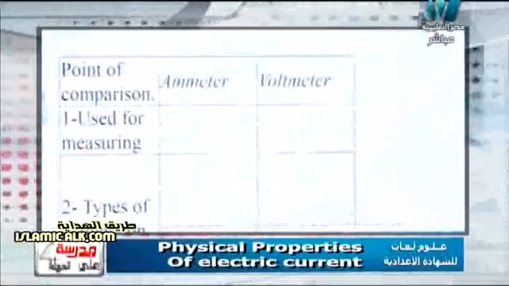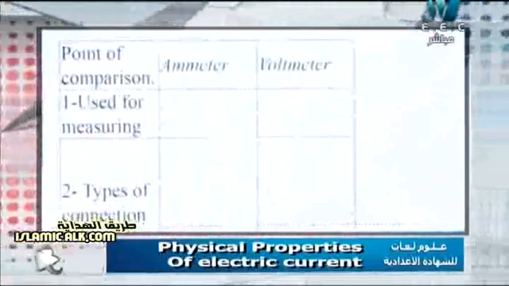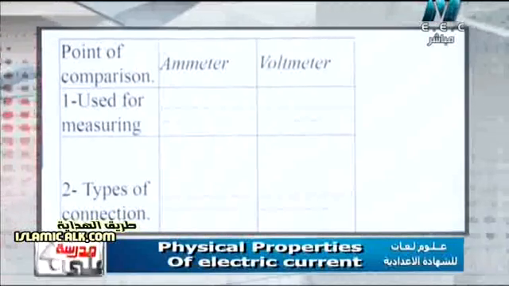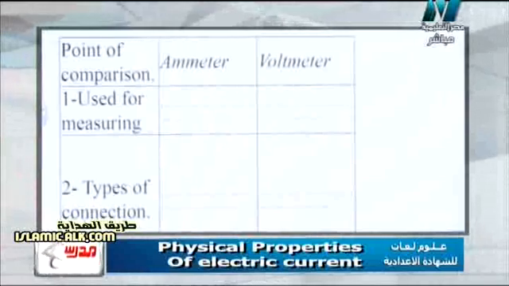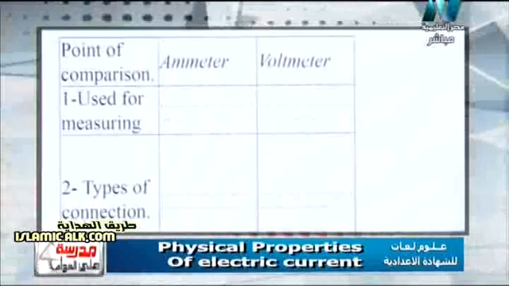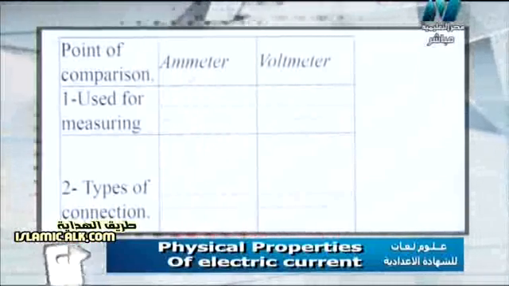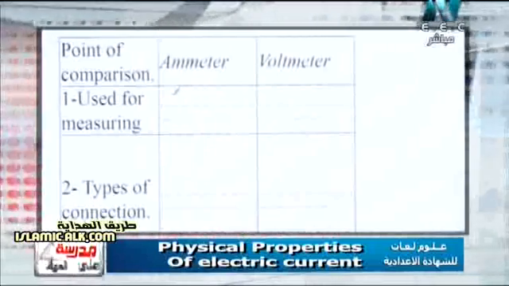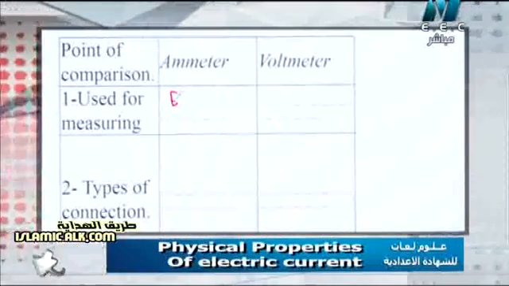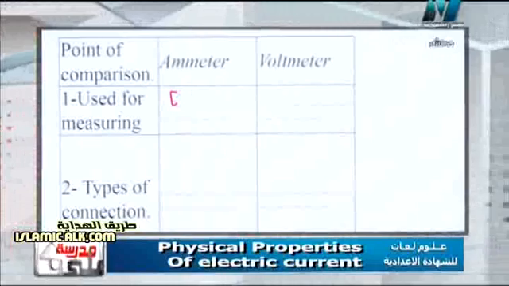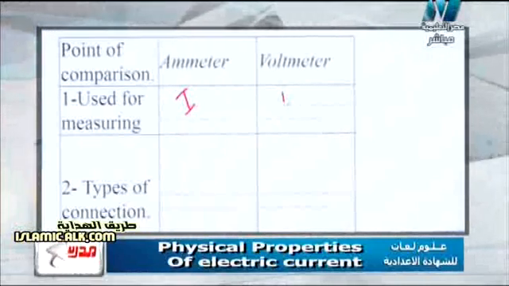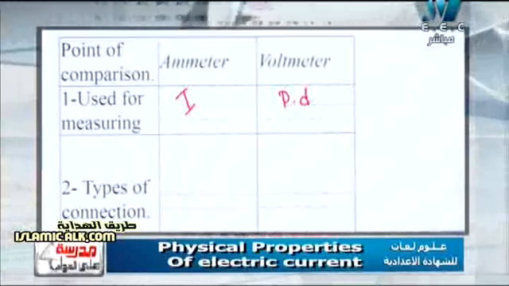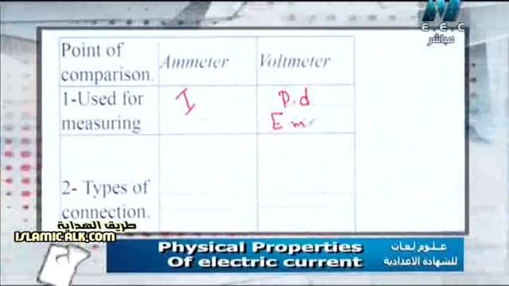And here we have a point of comparison between the ammeter and the voltmeter according to use of measuring. The ammeter is used to measure electric current intensity, I. The voltmeter is used to measure potential difference and electromotive force.